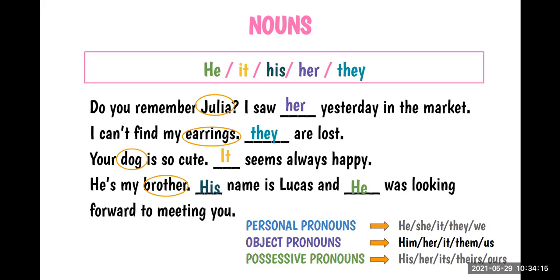So these are the three different kinds of pronouns. Well, we have more, but we are going to use them to replace the nouns. Vamos a utilizarlos para reemplazar los sustantivos. Por ejemplo, Julia, earrings, dog, and brother. Okay? Any questions about this?